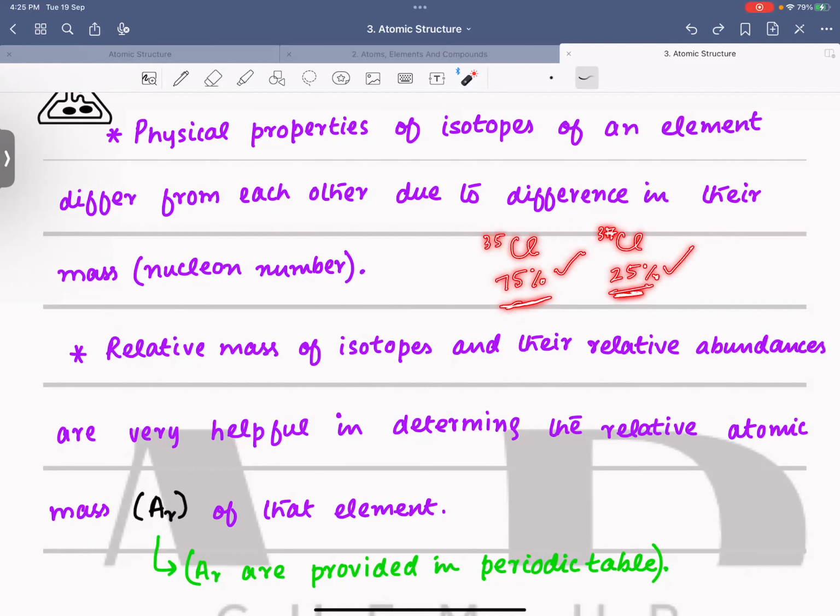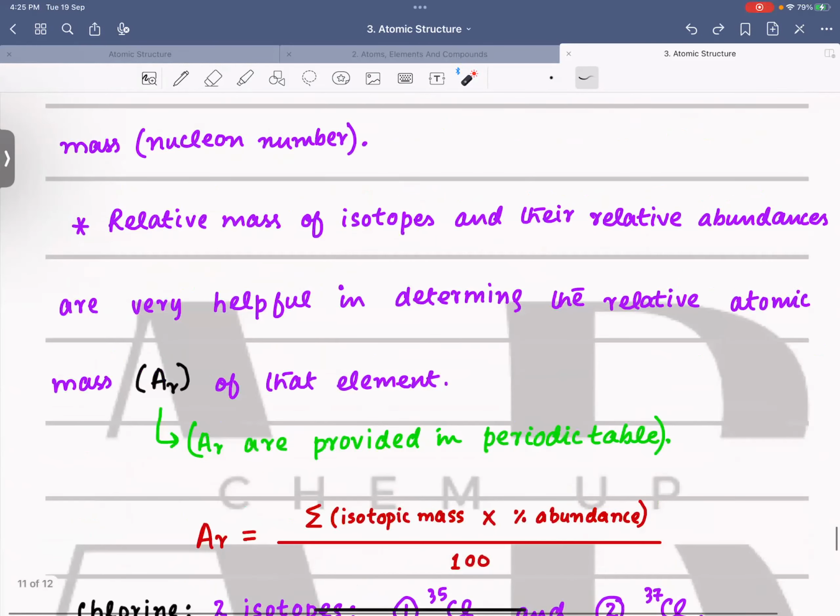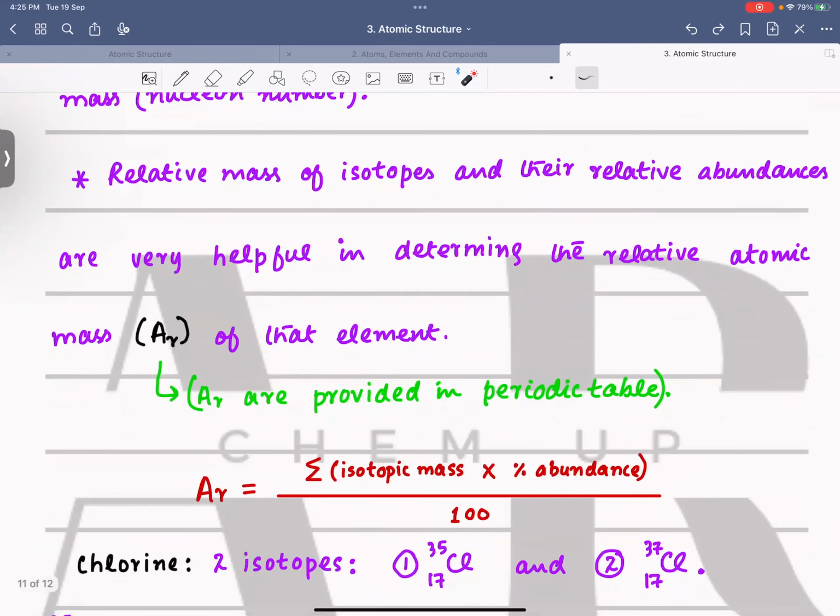Is this clear? Okay, sir. Yes, Khatija? Yes, clear. Okay, so this is the expression that we use to find the relative atomic mass of an element. That sign, what does this sign represent? It means sum.